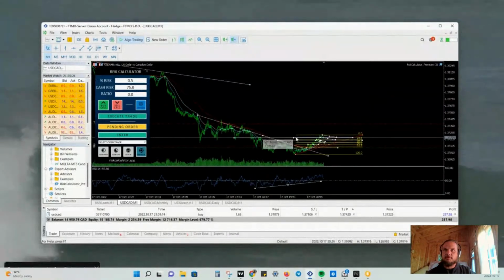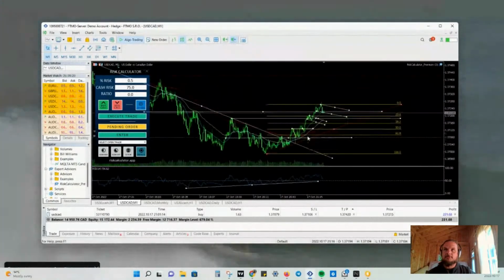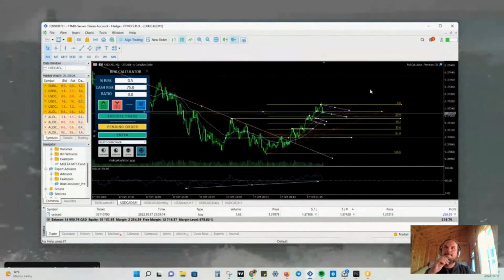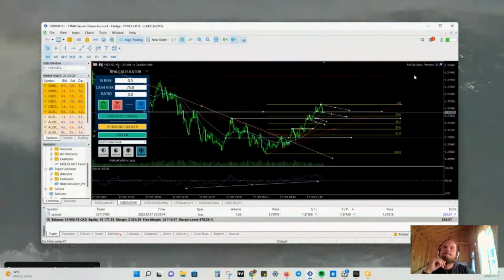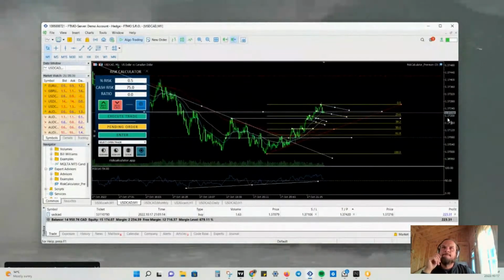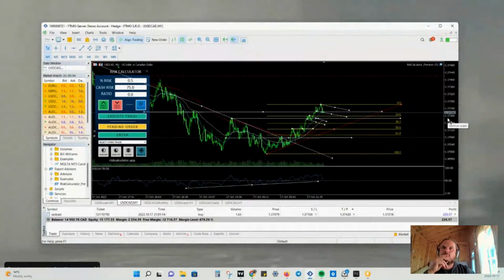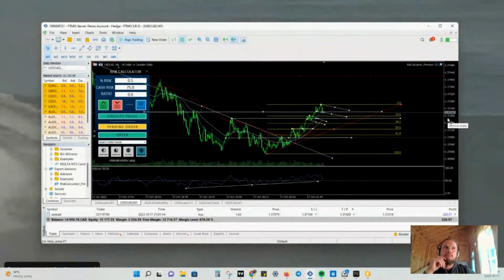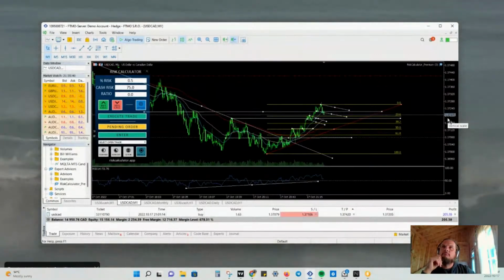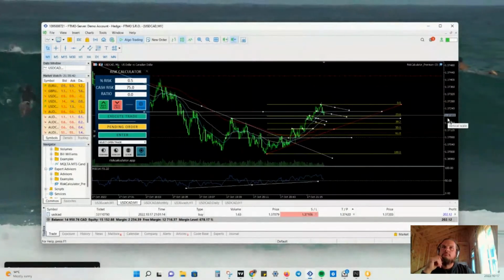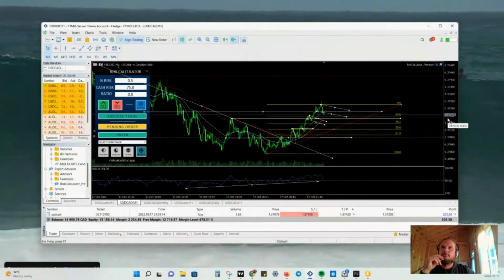So it could be looking at resistance. 236.